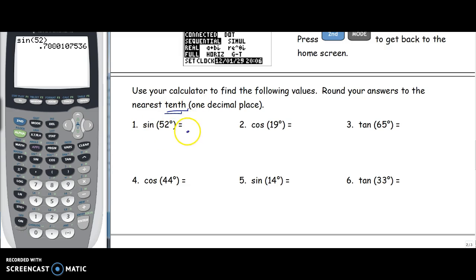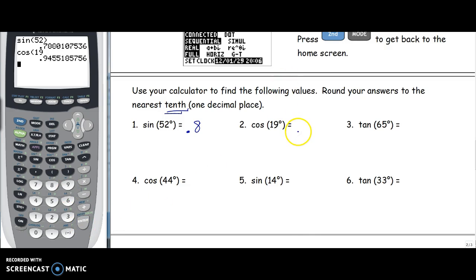So this is 0.8. Okay, always pay attention to the instructions because it could say round to the nearest 10,000. Okay, so that's 4 decimal places, so just really make sure. So the next one is cosine of 19, so we would hit cosine of 19 and hit enter.